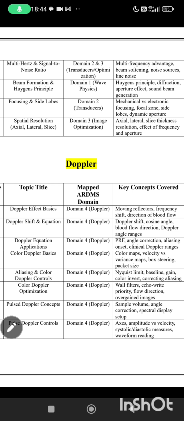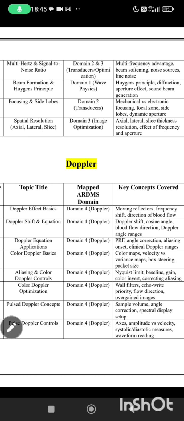In the color map there is a baseline in the center, above the baseline is positive, below is negative, and when you press the invert button, what happens? Reversal of the color, not reversal of the channel. Positive always above, negative always below.